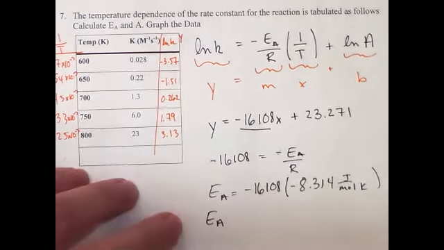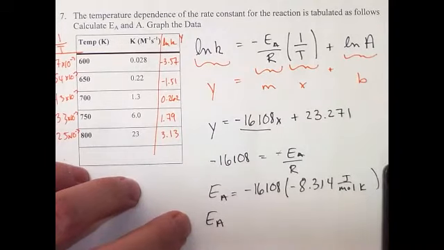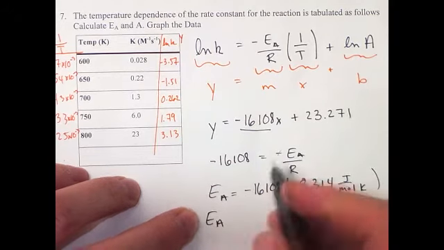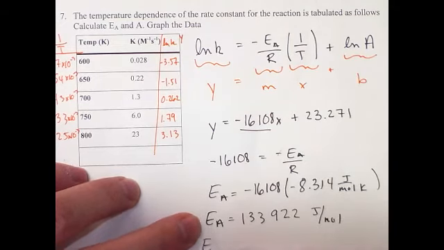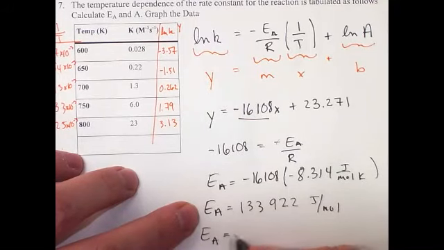So the activation energy in this case is 16,108 times 8.314, which is equal to 133,922 joules per mole. The activation energy is equal to 133.9 kilojoules per mole.